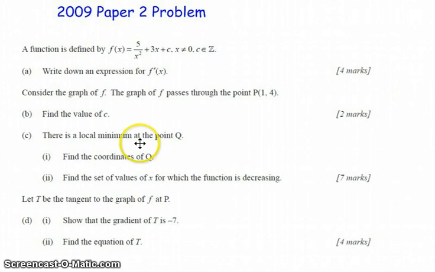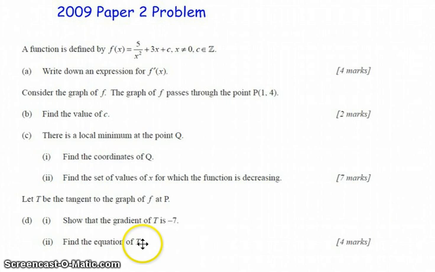And here's what we discussed: local minimum, finding the coordinates of q, and then setting the values for which the function is decreasing.